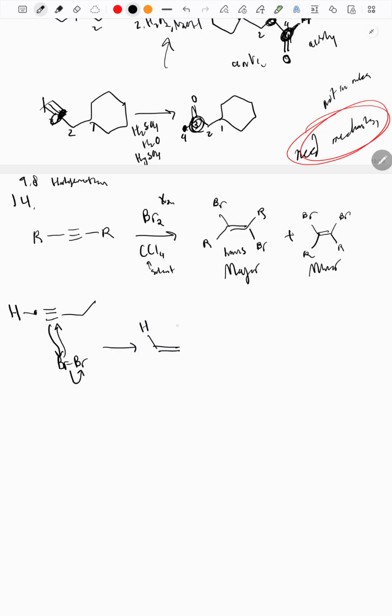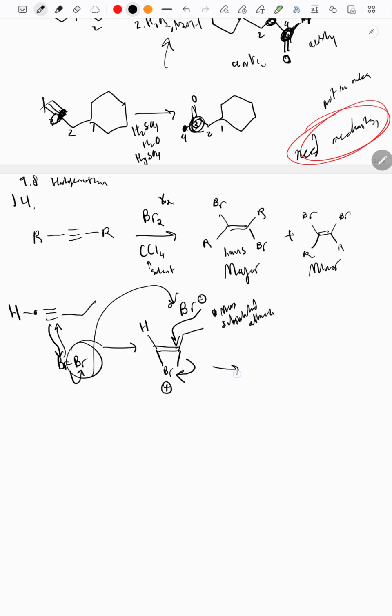Syn fashion, positive charge, and then the Br that belongs, this one belongs here. The negative charge will do a backside attack. Now the question is, is it a more substituted or less substituted backside attack? It'll be the more substituted, jumping those electrons there. It's a more substituted attack. So we get something that looks like this.